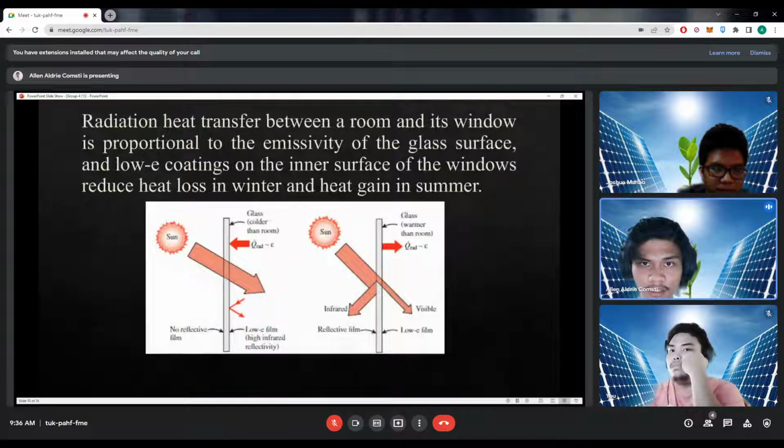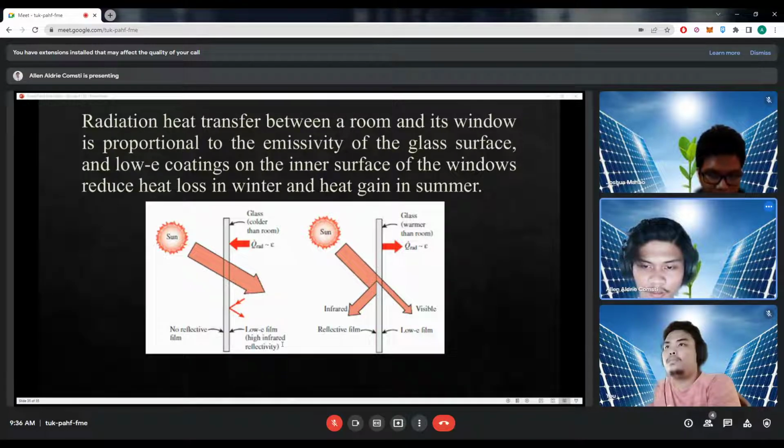Radiation heat transfer between a room and its window is proportional to the emissivity of the glass surface, and low E coatings on the inner surface of the windows reduce heat loss in winter and heat gain in summer. Tinted glass and glass coated with reflective films reduce solar heat gain in summer and heat loss in winter.